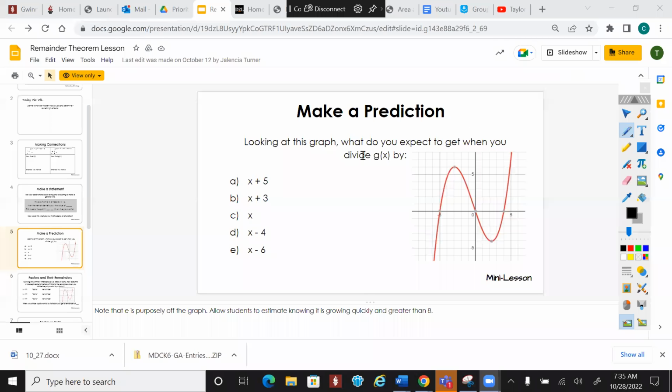All right, so let's make a prediction. Look at this graph. What do you expect to get when you divide g of x by x plus 5, x plus 3, x minus 4, and x minus 6?